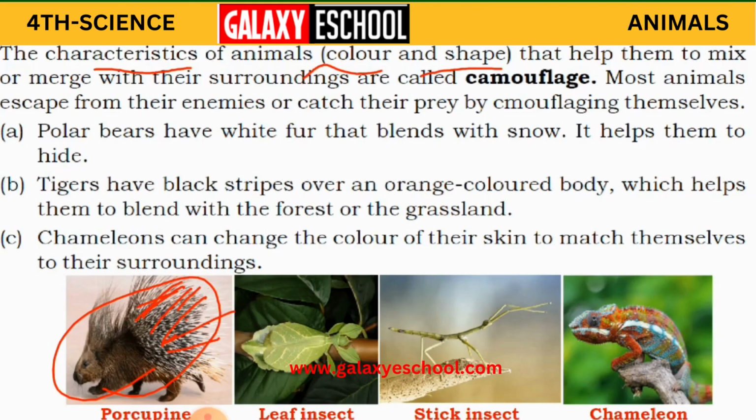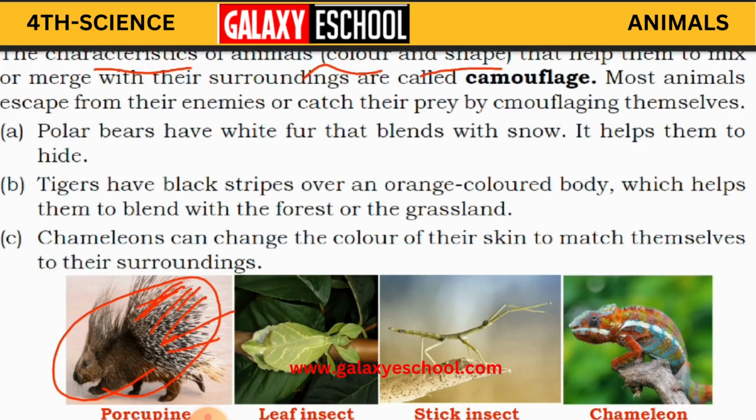By changing their color and shape, they mix and merge with their surroundings. Suppose you see here, children, this is a leaf insect, which is on the leaf, on the plant. But if you see it suddenly, you cannot identify this particular thing as an insect. We feel that it is a leaf.